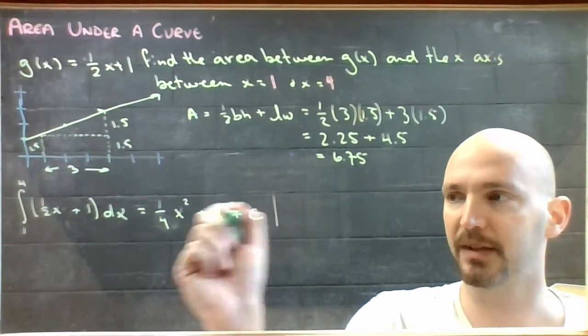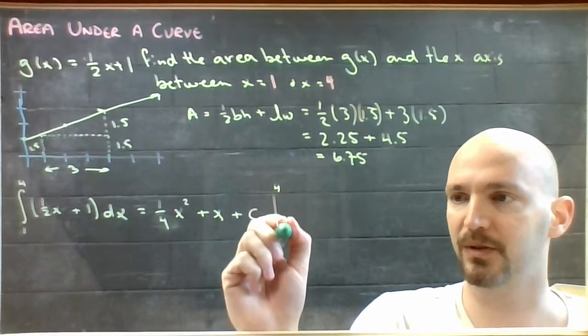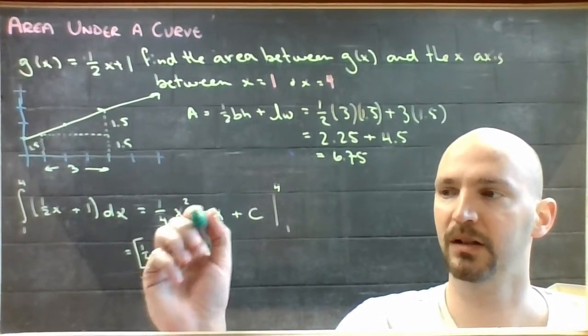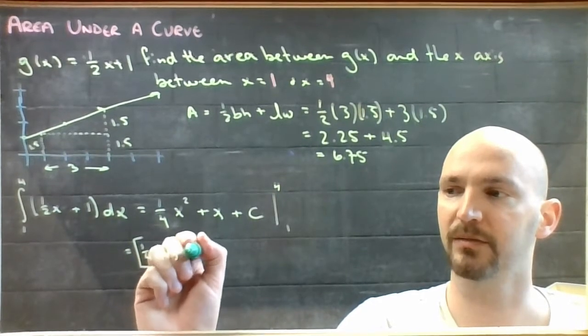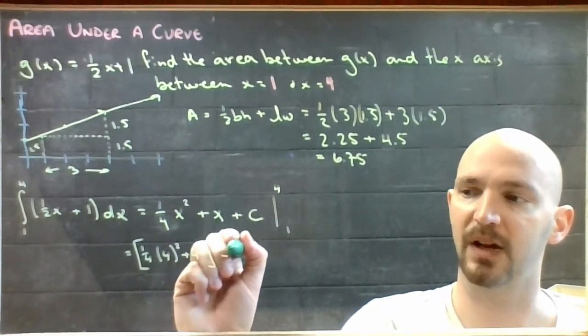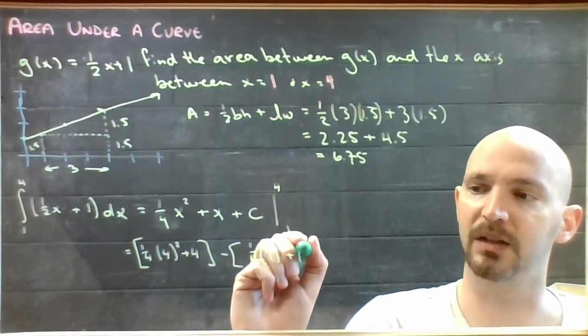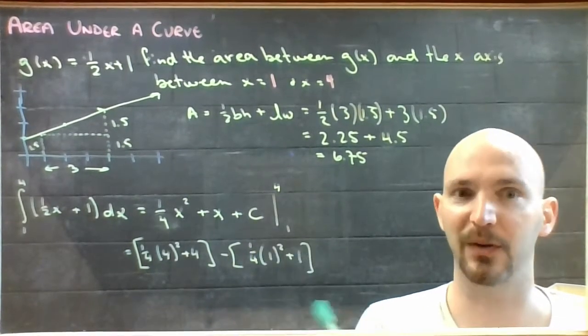So I need to evaluate this thing still from 4 to 1. So I end with 1/4 of 4 squared plus 4, subtract 1/4 of 1 squared plus 1. Oh no, I forgot the c's.